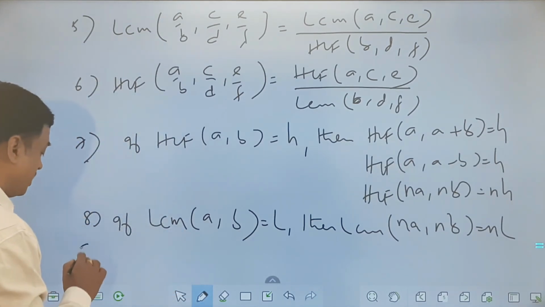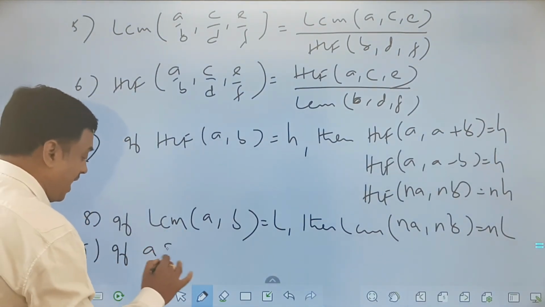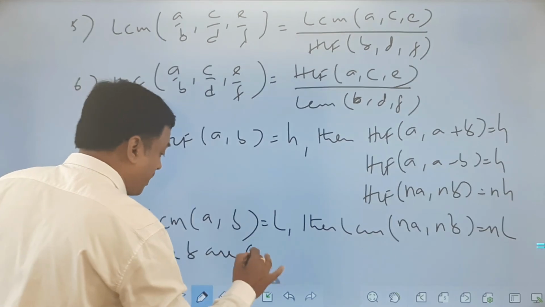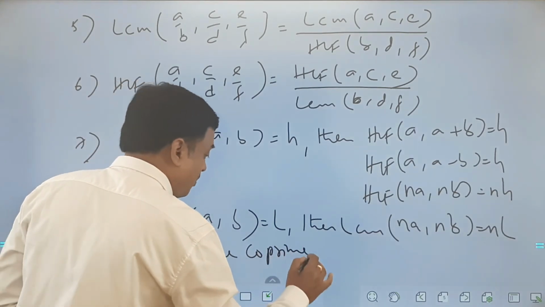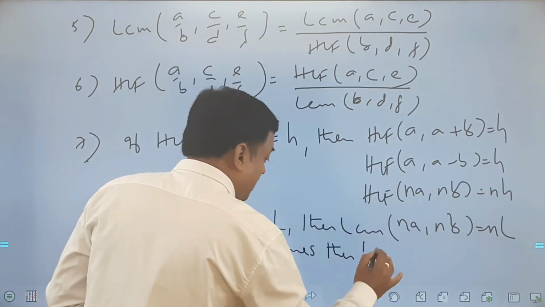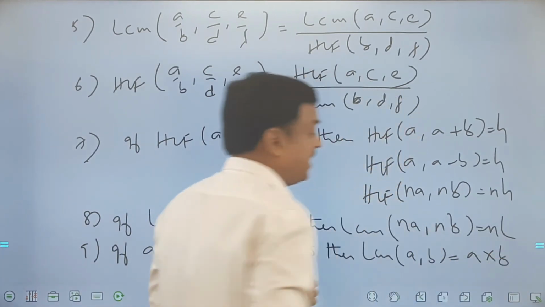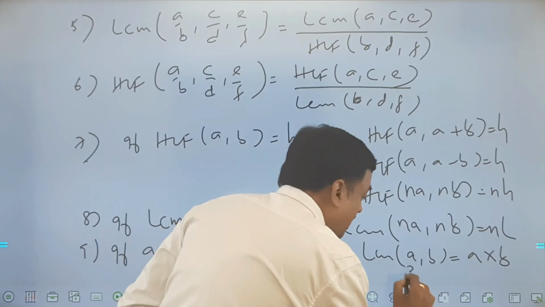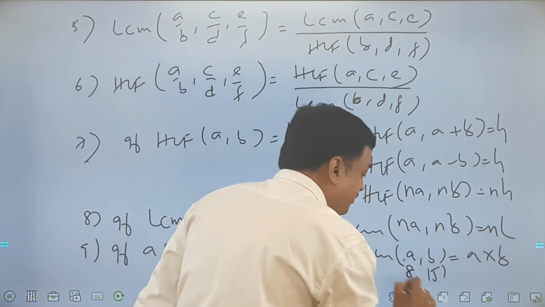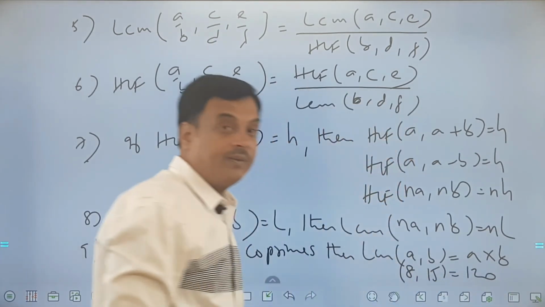We can add one more here. If A and B are co-primes, then LCM of A comma B will be A into B straight away. For example, 8 and 15, LCM of these two will be 120 straight away.